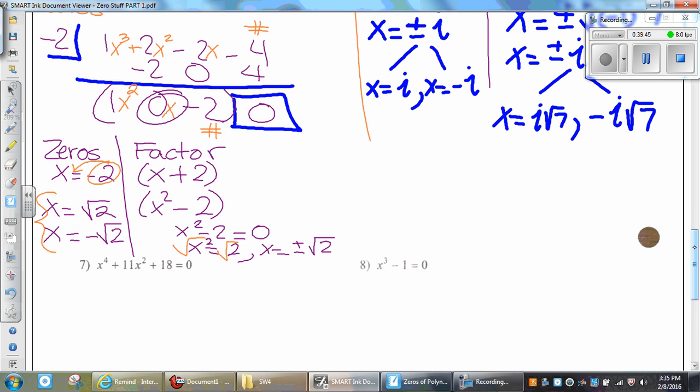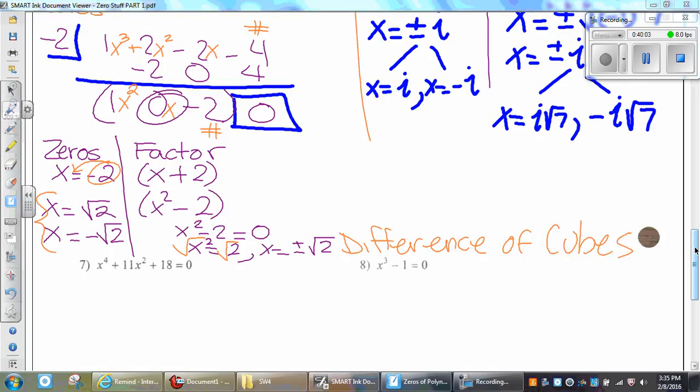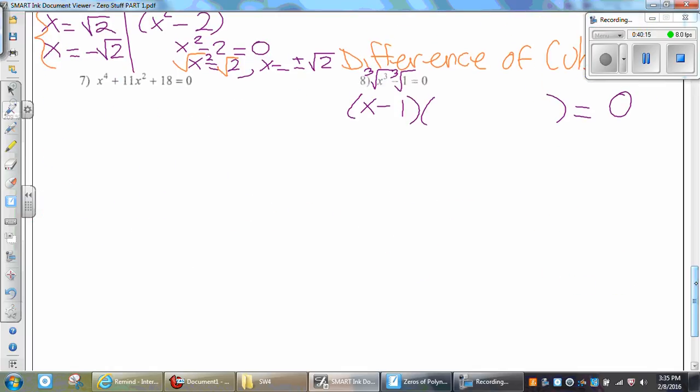Now, quickly before I move on, I'm going to write down the factorization of this problem because it's a difference of cubes and we're not very familiar with them. However, they're still very important. It's very important that we learn how to factor them. So in this case, we will get x minus 1. Why? Because you take the cube root of each term. Then the next factor is going to be a trinomial, where we take this term and we square it.